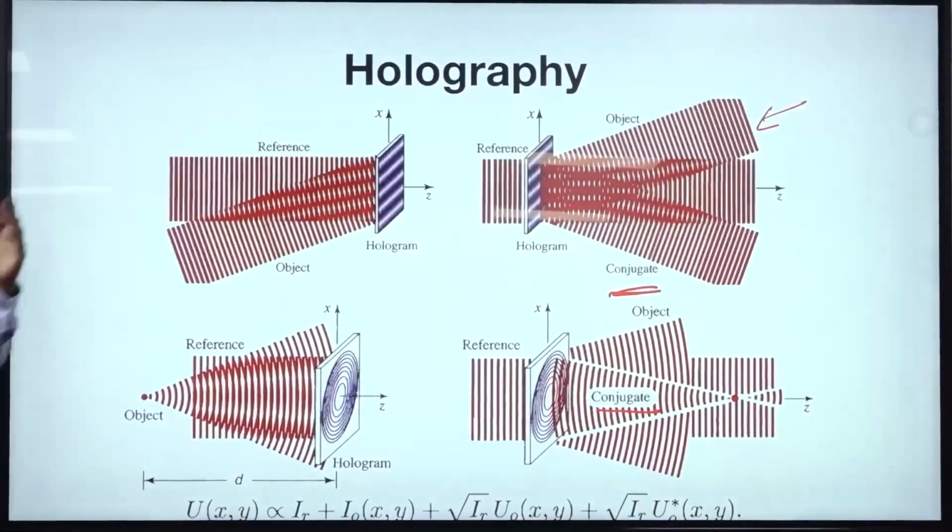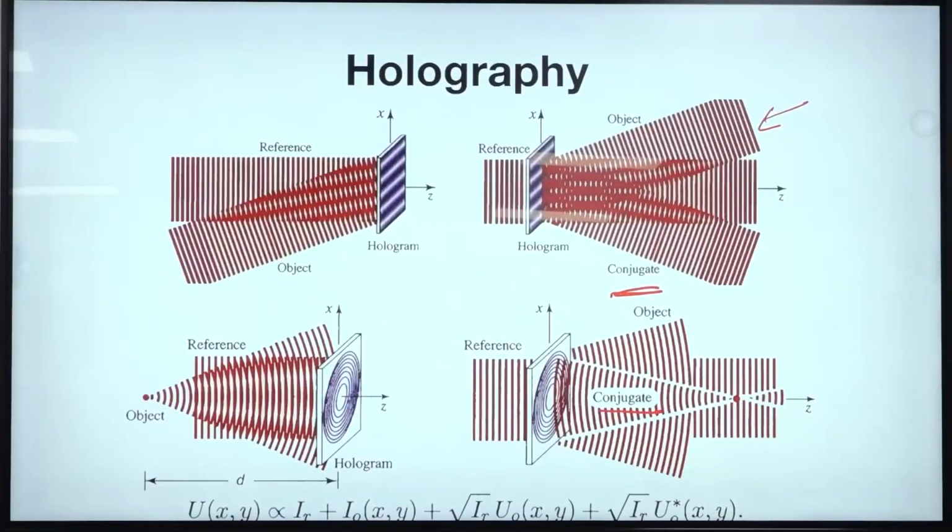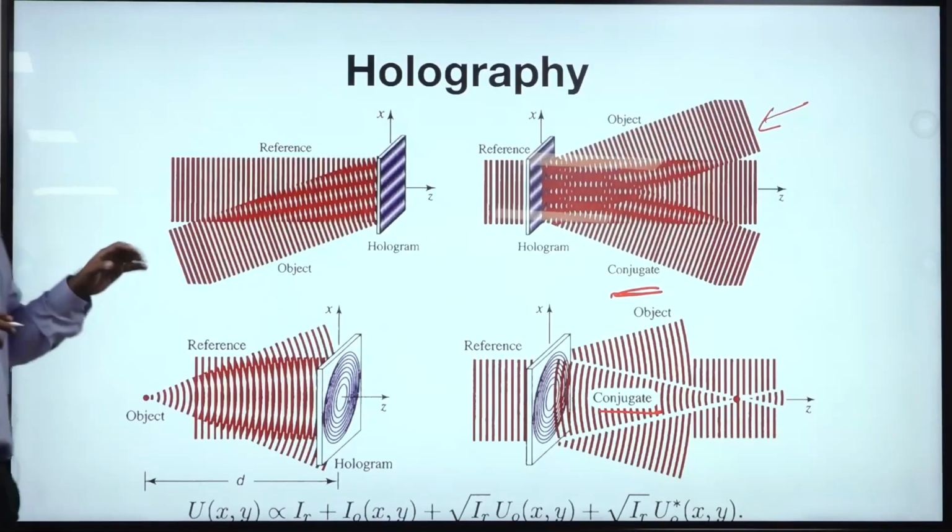If you have a 3D object, you can go around behind it and see, right? But the limitation of holography of this sort is that because of this complex conjugate problem, only a limited range of angles allow you to see the object in 3D.